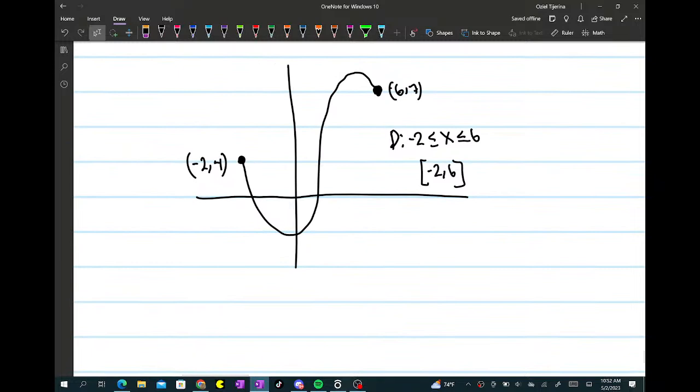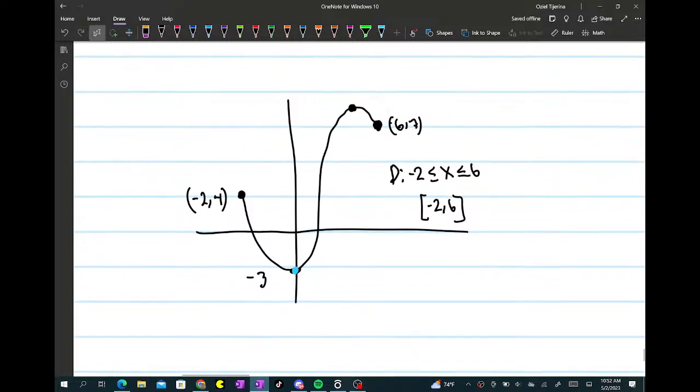And if they say, what about the range? Well, let's say here is negative 3, and this is the lowest point that it goes to, right? That is the lowest y value that it goes to. You're going to look at the lowest y value, and you're also going to look at the highest, the maximum.